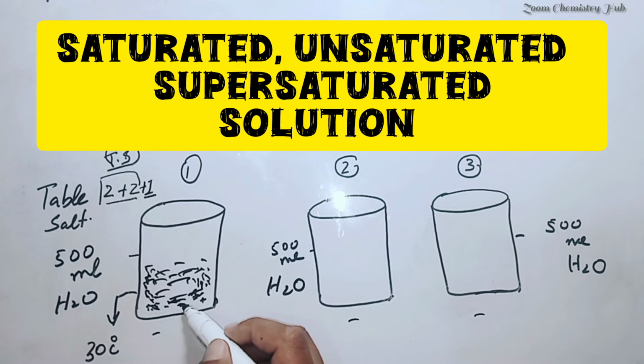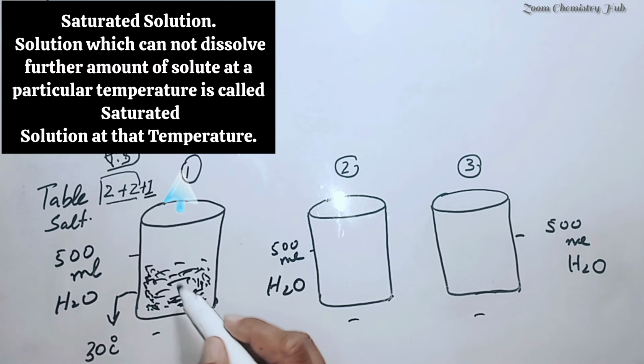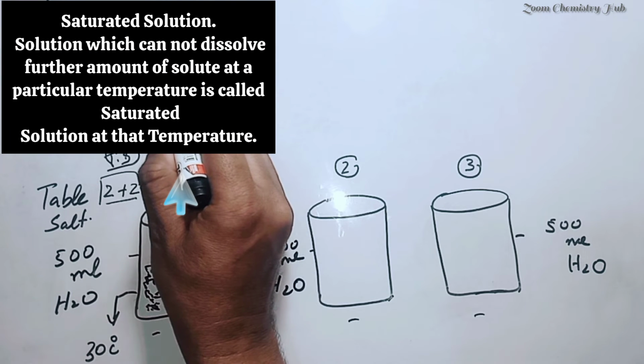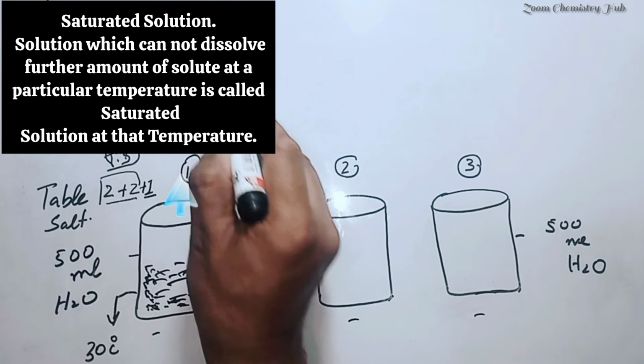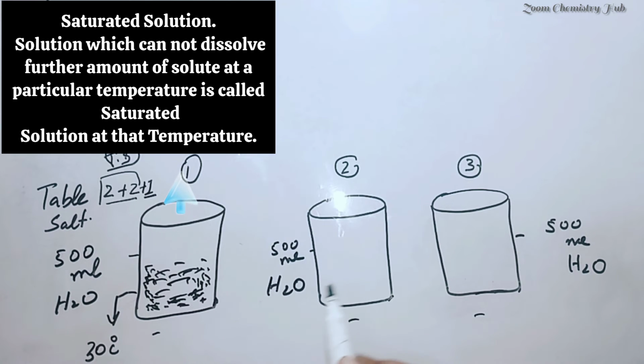So we can define the saturated solution as a solution which cannot dissolve further amount of solute at a particular temperature is called saturated solution at that temperature, that is at 30 degrees centigrade.